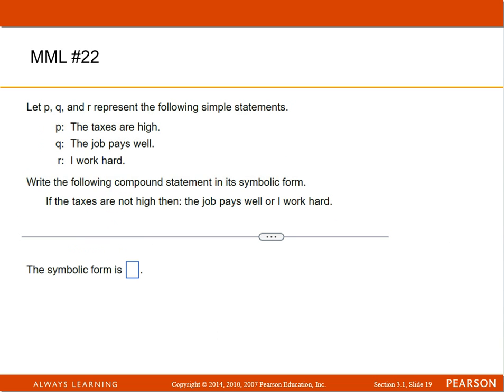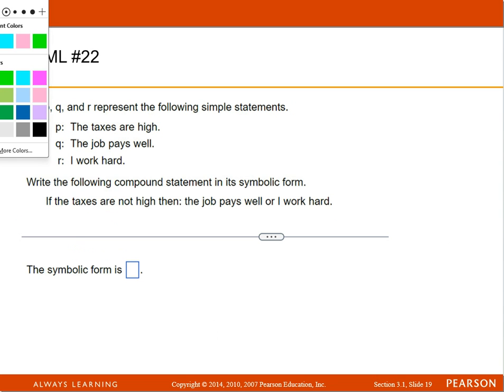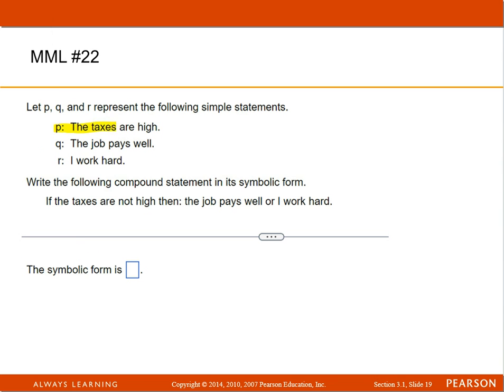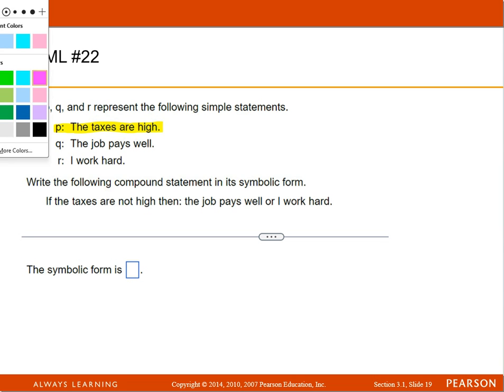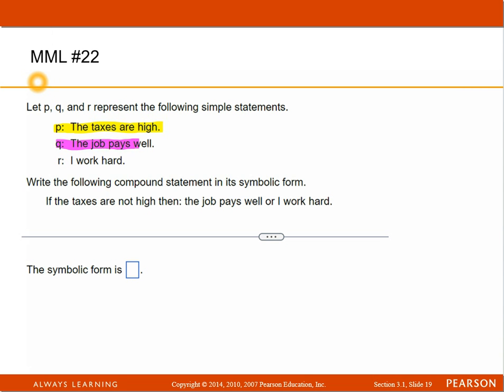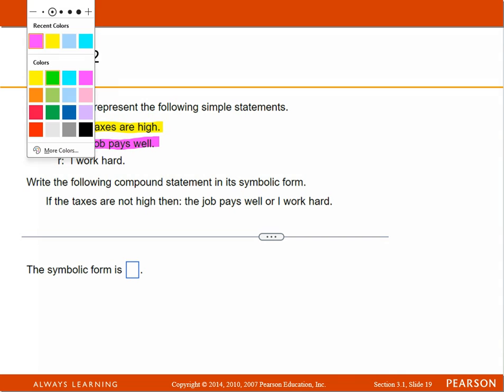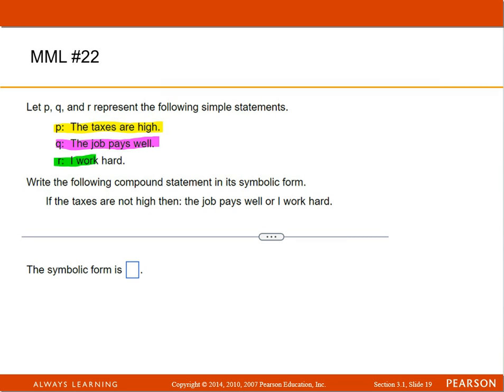One more. 22. Let P, Q, and R represent the following simple statements. Okay. So P is the taxes are high, and Q is the job pays well, and R is I work hard. Okay.